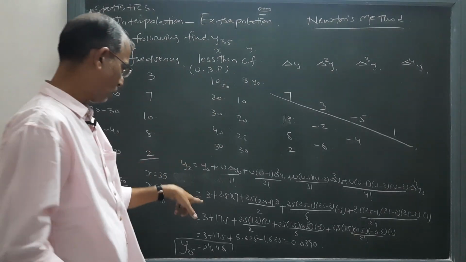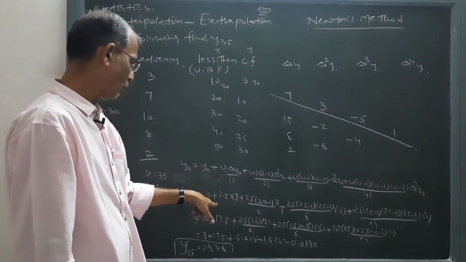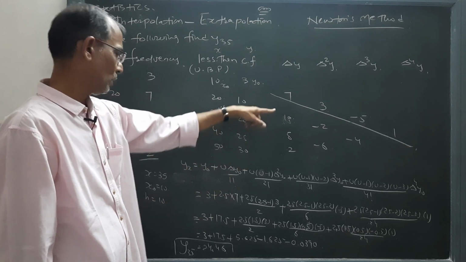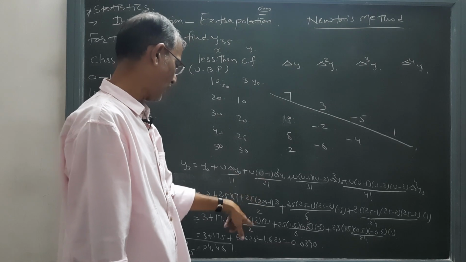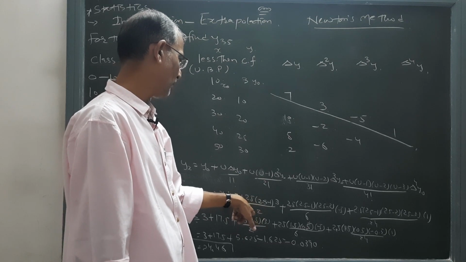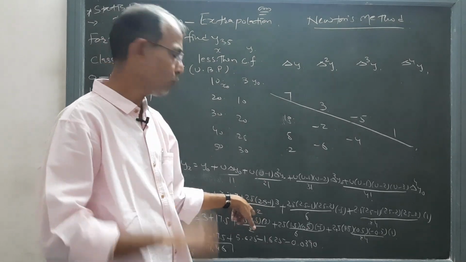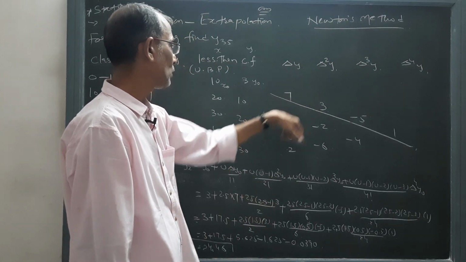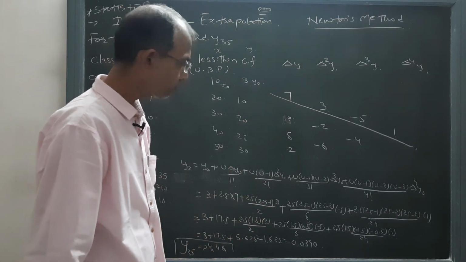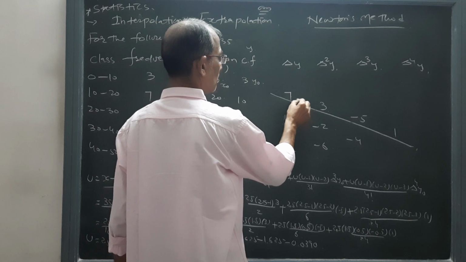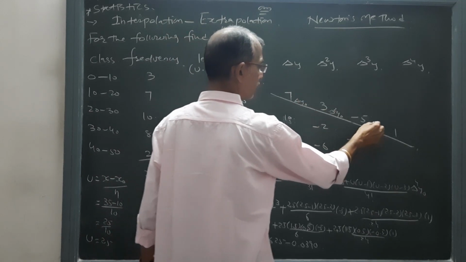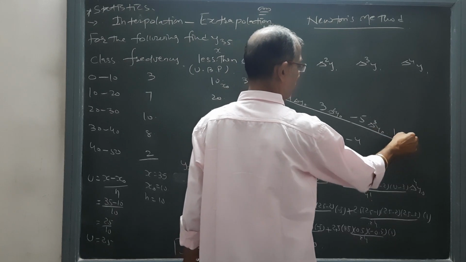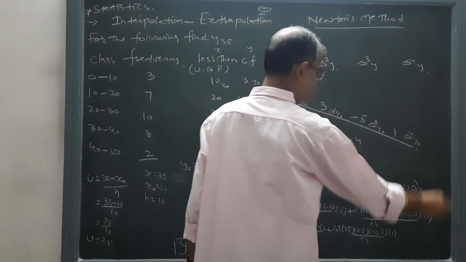Now y0 is equal to 3, u is 2.5, delta y0 is equal to 7, then 2.5 into 2.5 minus 1 divided by 2 factorial, that means 2 into 1, and delta square y0 is 3. These are delta y0, delta square y0, delta cube y0, and delta raised to 4 y0.